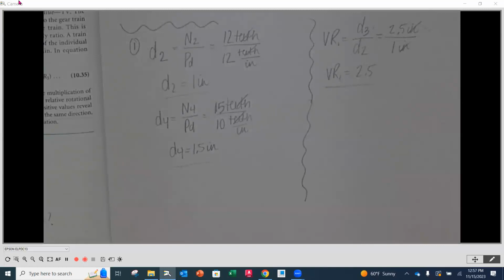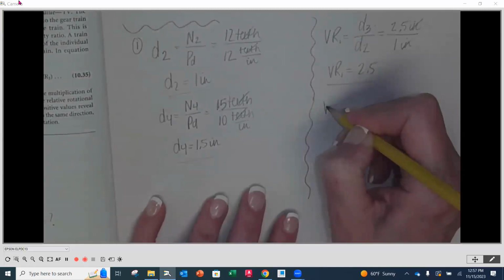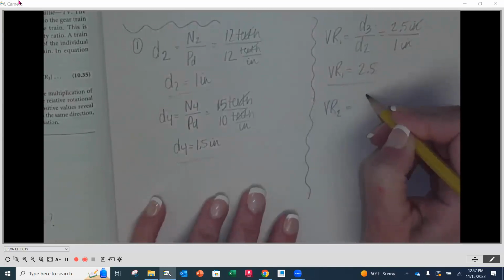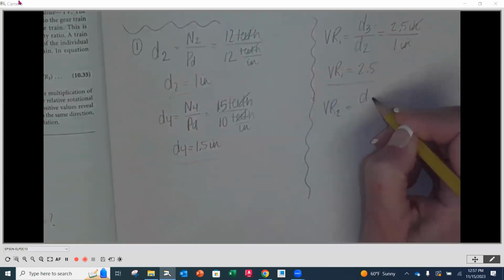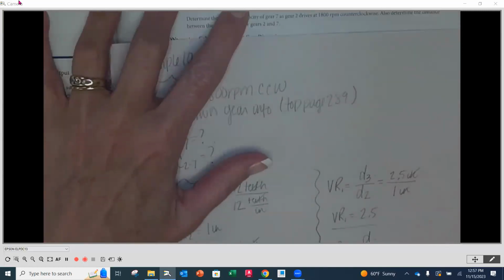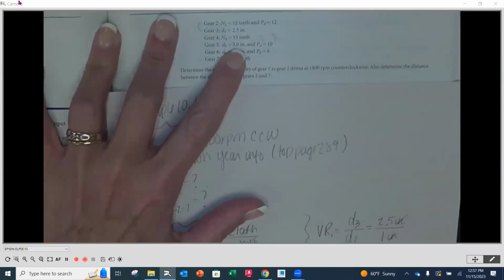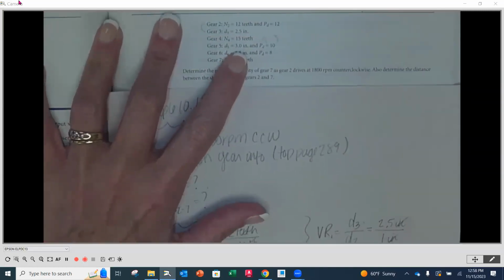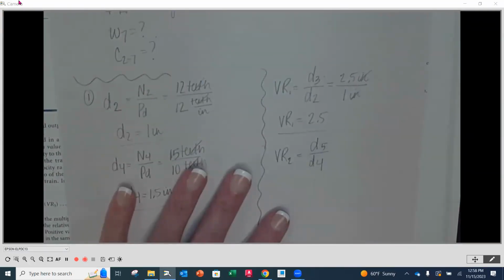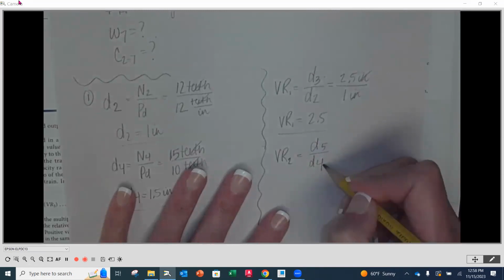So for the diameter, did you get 1.5 inches? Good. And now we can use that over here for our velocity ratio number 2, okay? This one, our diameter on top needs to be the gear. And in this set, the gear is going to be number 5, which is the larger of the two. So if we go down, the gear number 5 is given to us, pitch diameter is 3 inches. So this is going to be D5 divided by D4, okay? Gear and pinion.